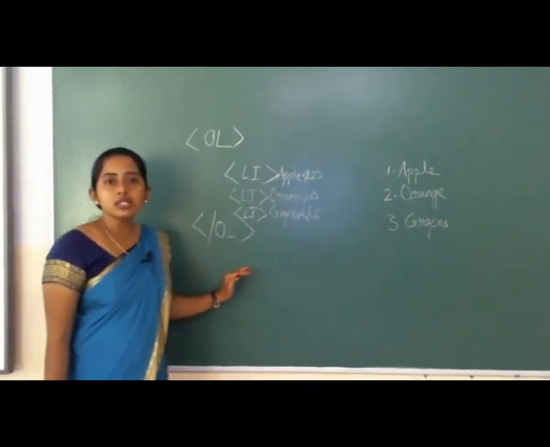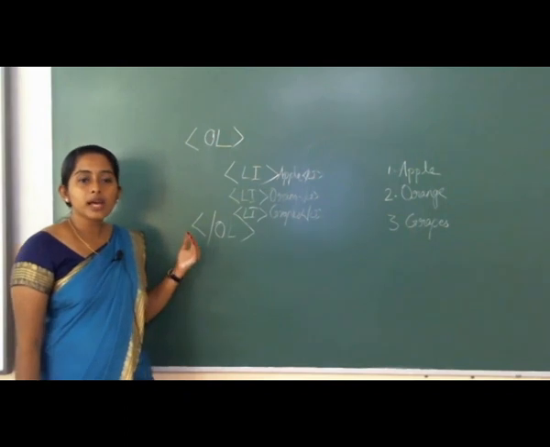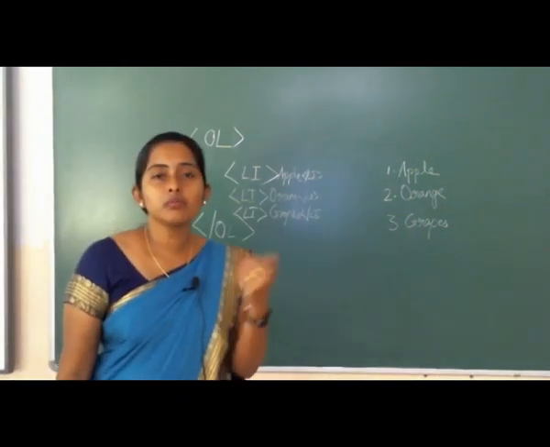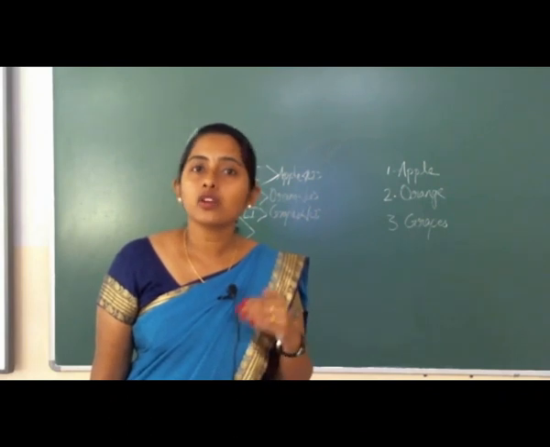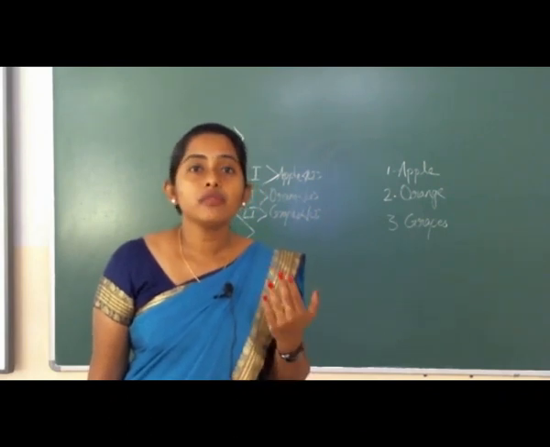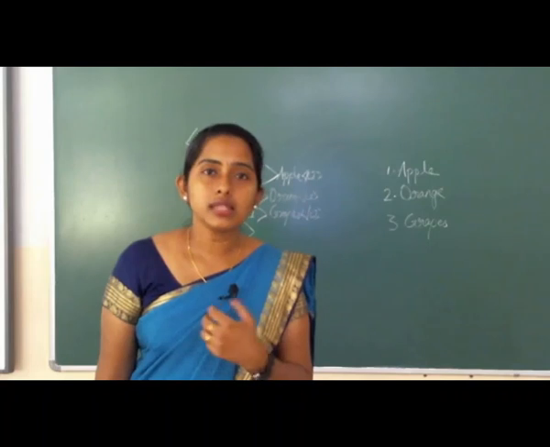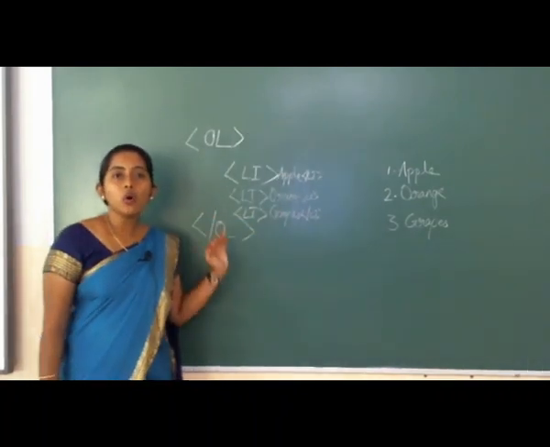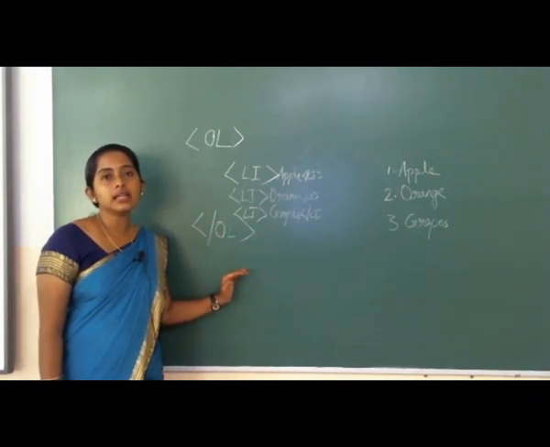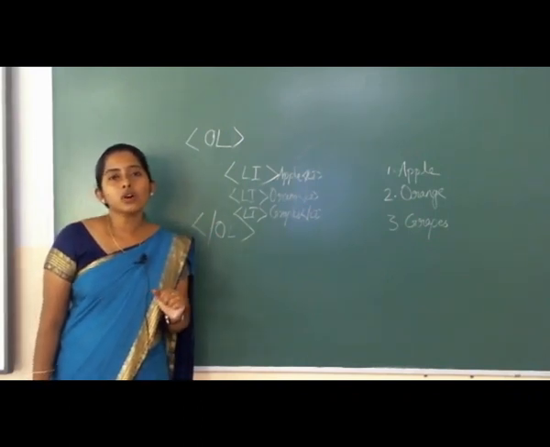Okay. And for this also, sometimes for numbering, as in the question paper itself, you can see Roman letters capital, Roman letters small, and sometimes we use A, B, C like that, isn't it? So in the same way for the ordered list, mainly there are 5 types of ordering.